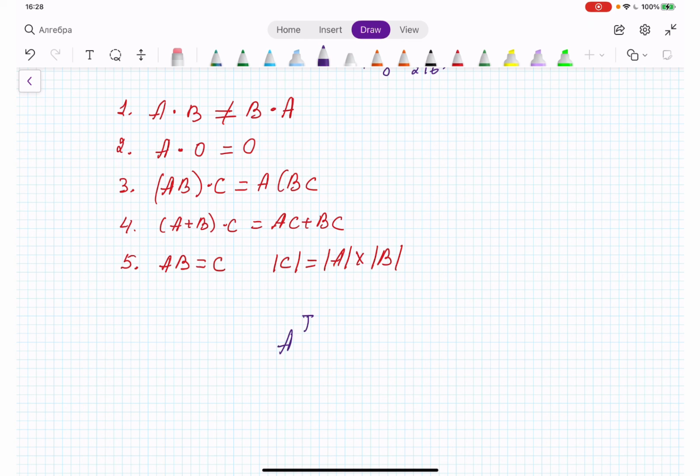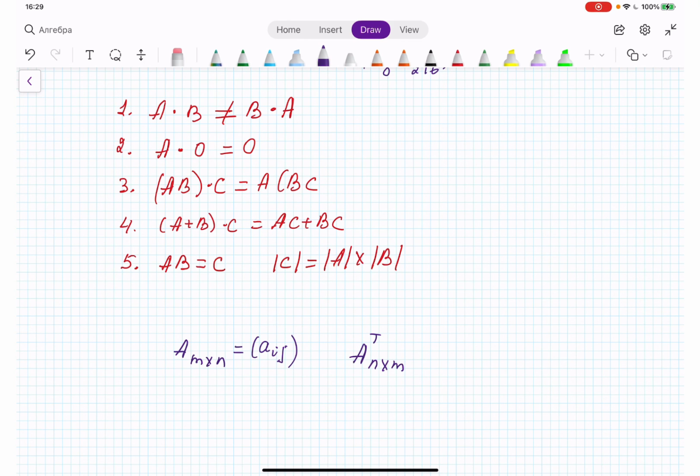If our matrix A has size m times n, let me rewrite. Matrix A with size m times n, and with element of this matrix a_ij. Then the transposed matrix A transposed is going to become n times m.